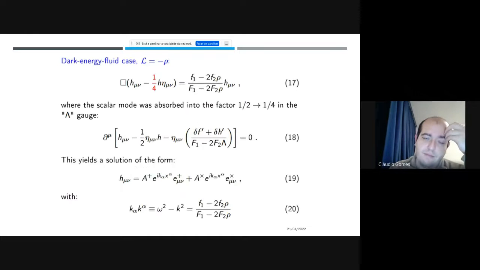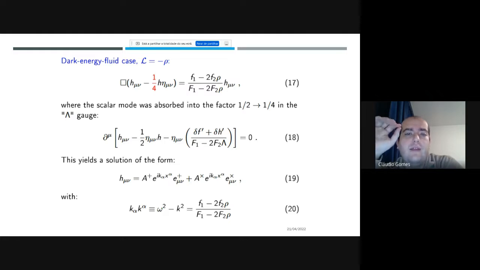A next stage of this analysis is to consider a slightly different scenario. Now we do not have a cosmological constant case, but rather a dark energy fluid case, so that we can have some excitations on the matter field. Again, the procedure is the same. We look for the linearized wave equation.